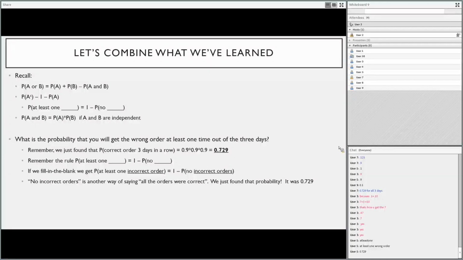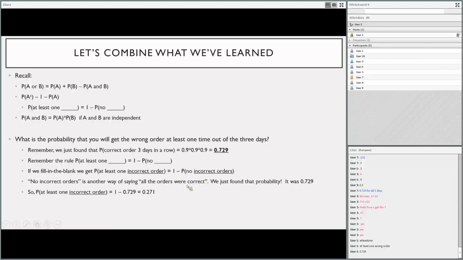No incorrect is the same thing as all correct. See what I mean? So we just have to translate the English sometimes to make it fit to what we're looking for. Well, we just found on the last page the probability of getting all the orders correct, right? That probability was 0.729. So this is the probability of getting no incorrect orders on those 3 days.